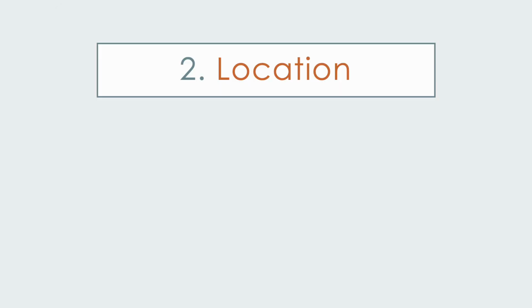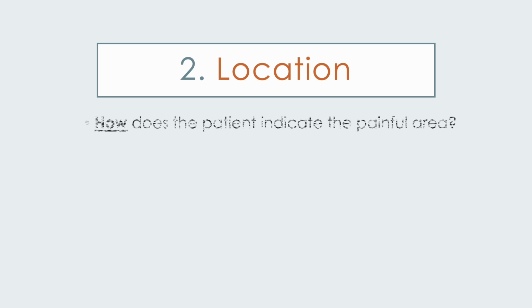What information does location of pain provide us? As you recall, the character and location of pain help isolate what tissues are involved. But now, not only are the words that the patient chooses to describe their pain important, but also how they indicate the painful areas.